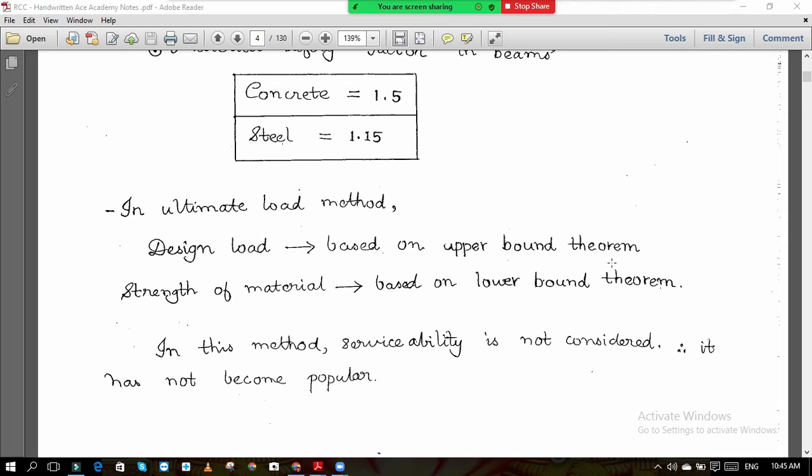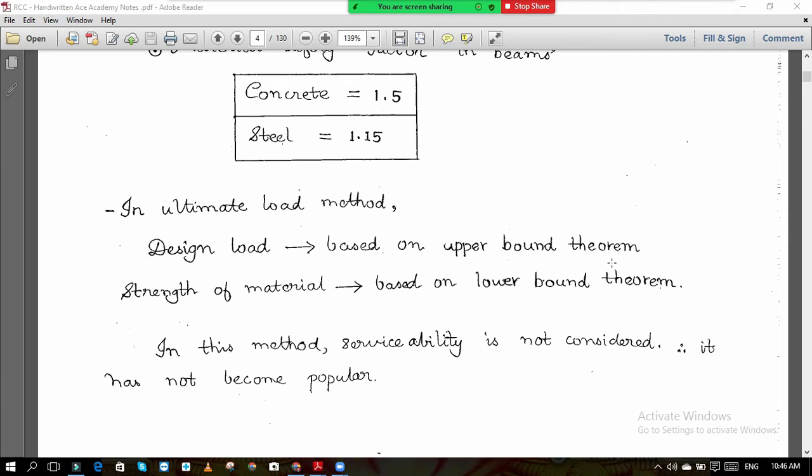For the ultimate load method also, serviceability is not considered. So what is the difference between working stress method and ultimate load method, and why is ultimate load method not used these days, or not popular. All these things we will cover when we take the MCQs on that particular bit.